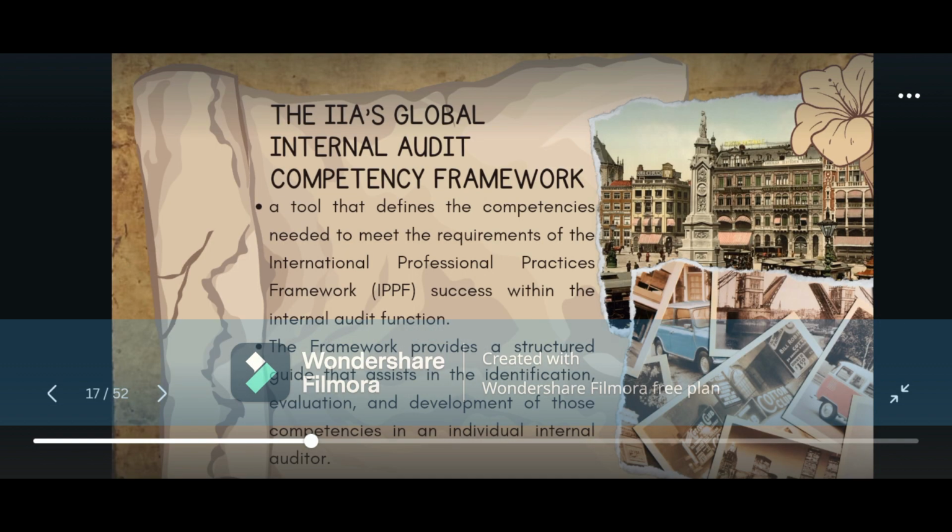The IIA's Global Internal Audit Competency Framework is a tool that defines the competencies needed to meet the requirements of the International Professional Practices Framework, IPPF, for success within the internal audit function. The framework provides a structured guide that assists in the identification, evaluation, and development of those competencies in an individual internal auditor.